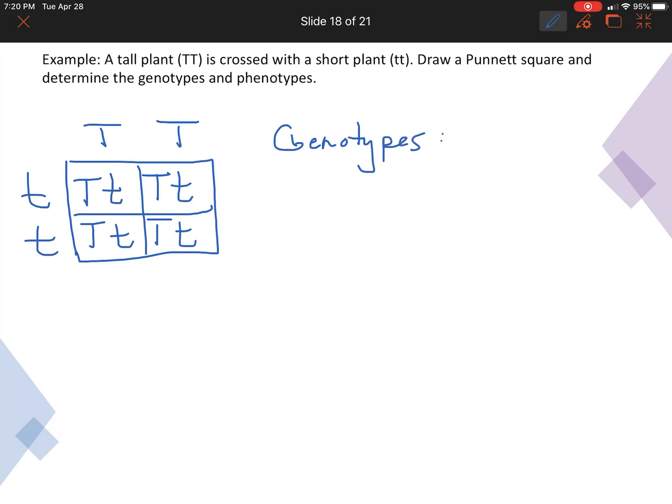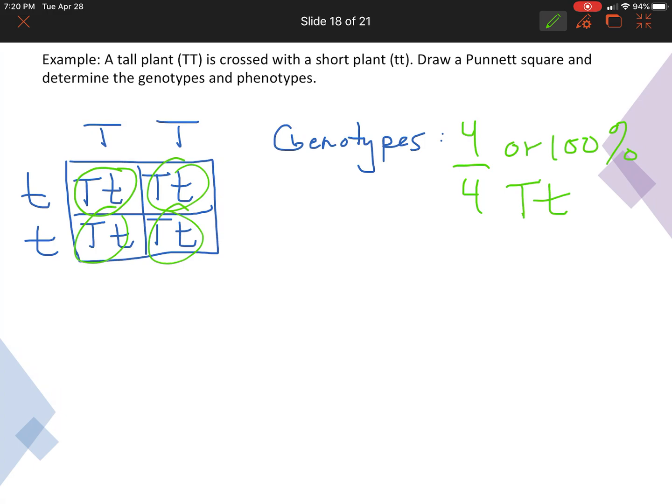So genotypes. When we look at this, we should notice that all of them are the same. So for our genotypes, we're going to have 4 out of 4, or we could say 100%, are capital T, lowercase t, or dominant recessive, or heterozygous.